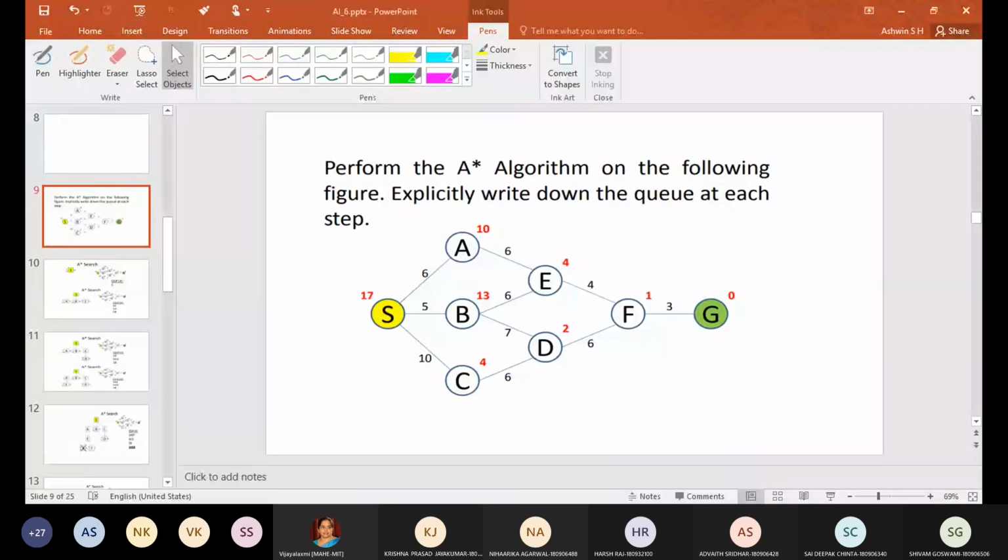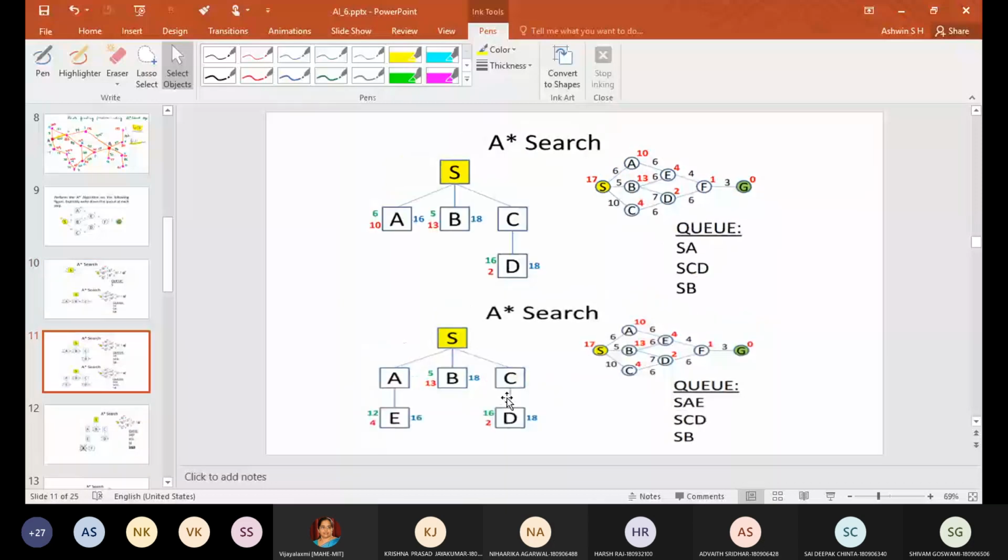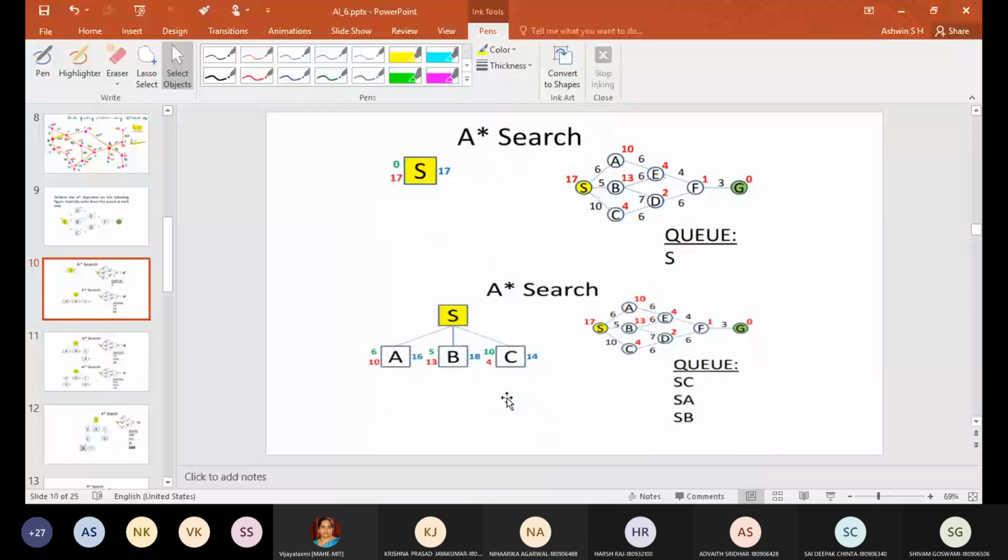Okay, so I'll show you the steps. So this is the first step. Starting with S, the three possible expansions could be SA, SB, SC. I've calculated the values. SCD is considered to be minimum.